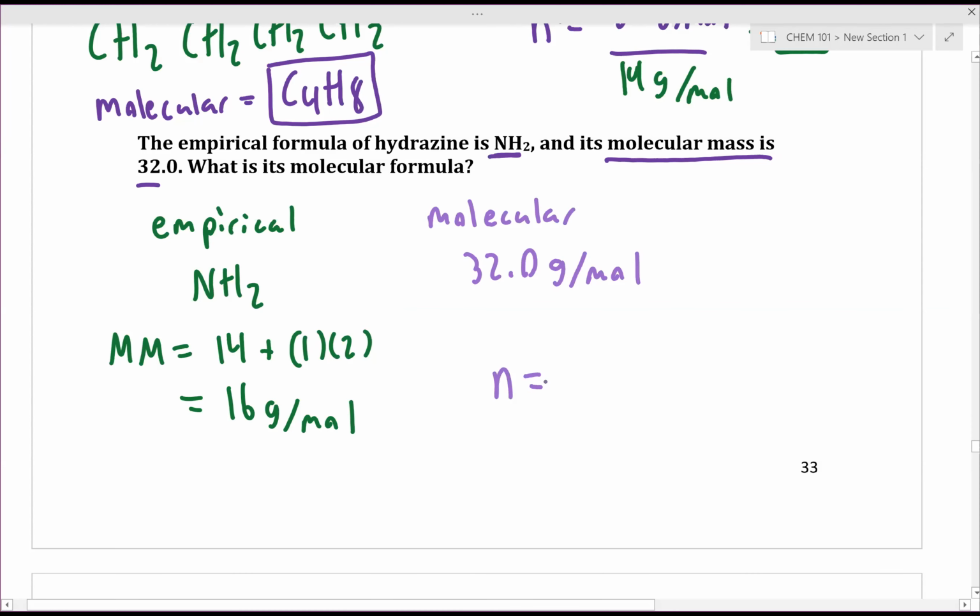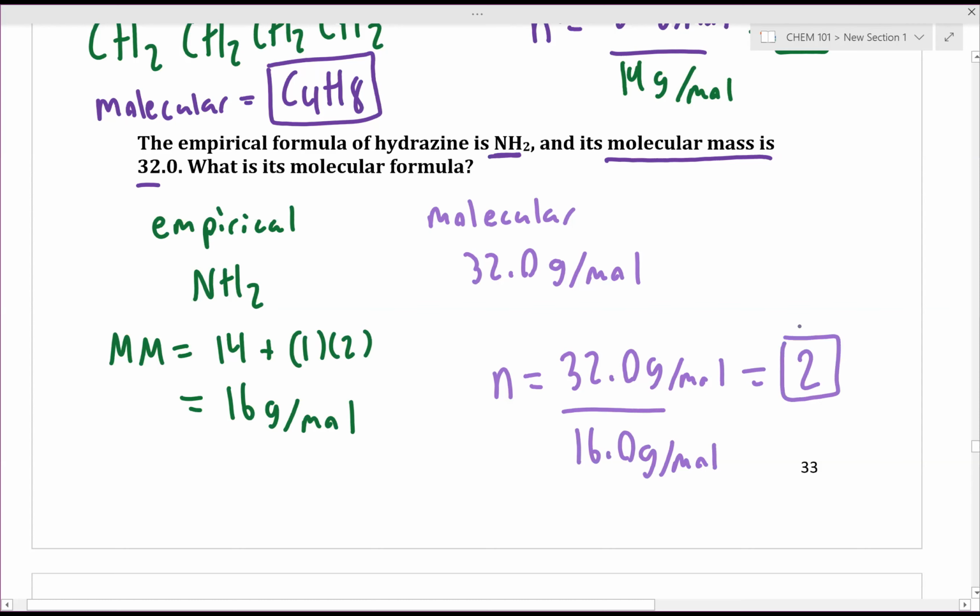So N is equal to our molecular mass, which is 32.0 grams per mole, divided by our empirical mass, which is 16.0 grams per mole. And if you punch this into your calculator, this gives us an N value of 2. So then, from that, if we want to write out our molecular formula, how many of these empirical units am I going to write? 2.